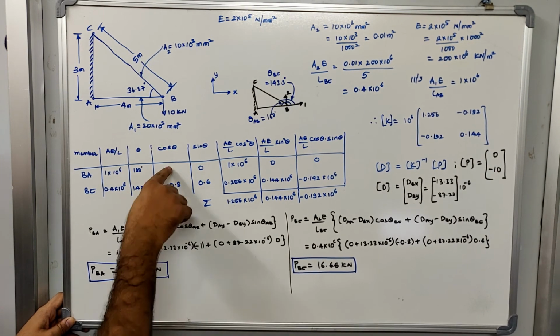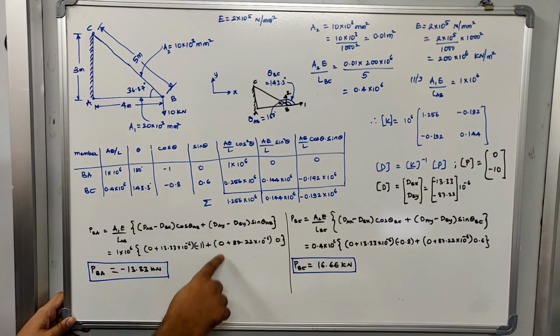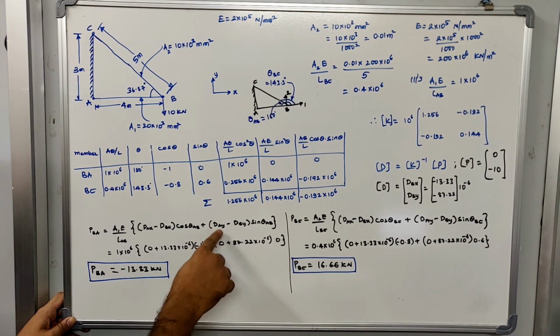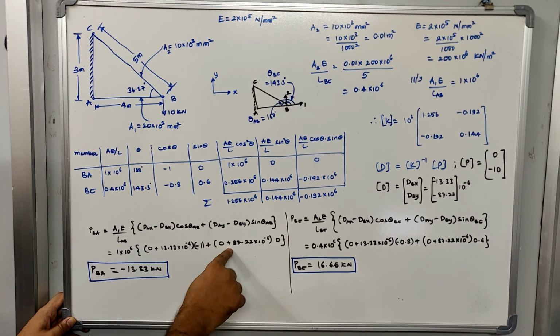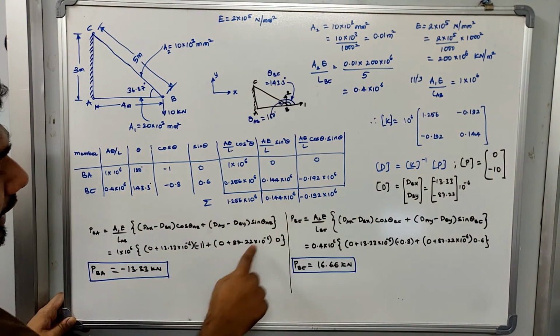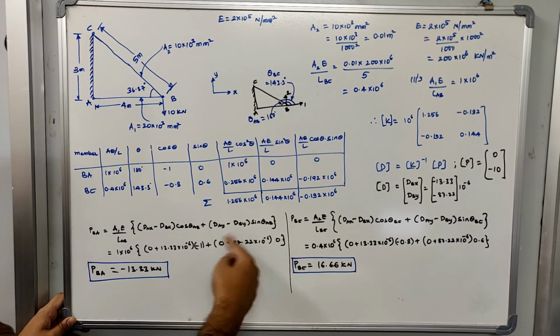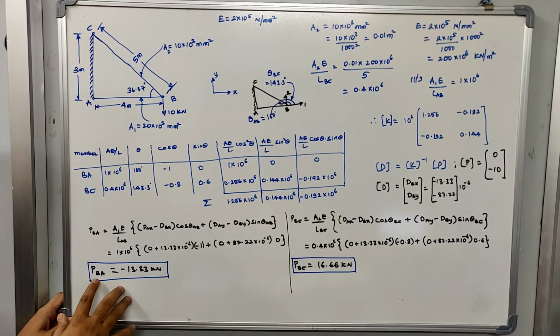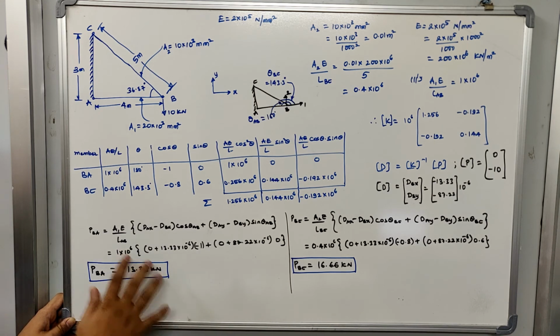What is minus of 1? Minus of 1 is nothing but your cos of theta. Now, similarly here also dAy, which is 0, plus, because minus into minus will become plus, 87.22 into 10 raised to 6 multiplied by 0. If you solve this, you will get to know how much is PBA. PBA is how much? Minus 13.33 kilonewton.